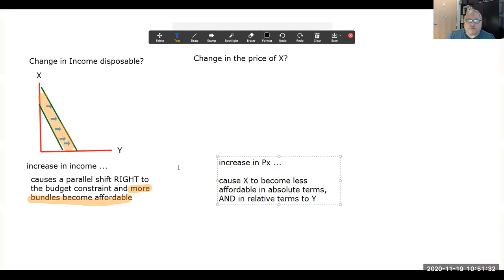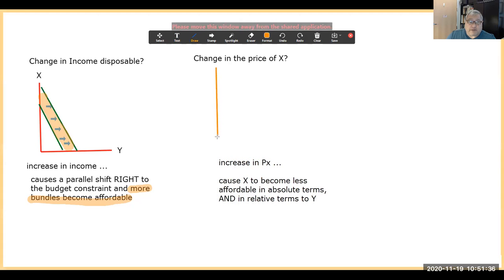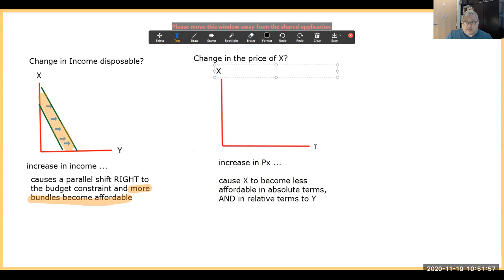Because in order for you to buy the same amount of X or to buy less of X, you would have to be sacrificing even more of the other good in order to maintain the affordability balance. So in this case, X is on the vertical axis, Y is on the horizontal axis.